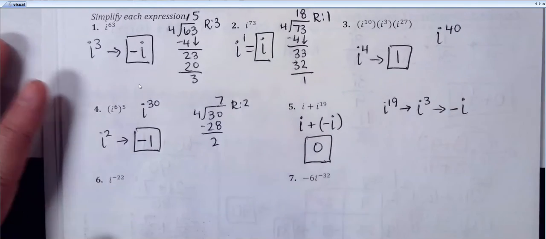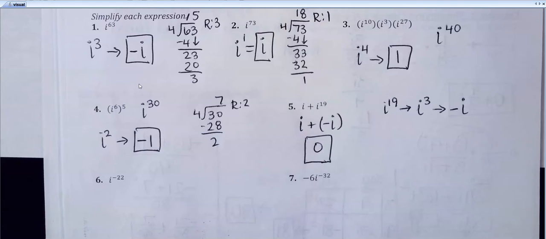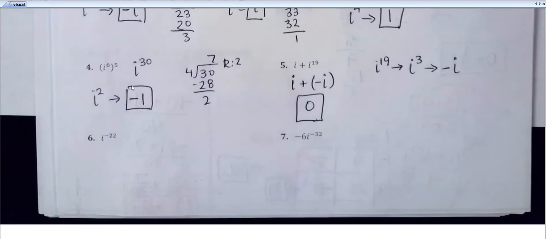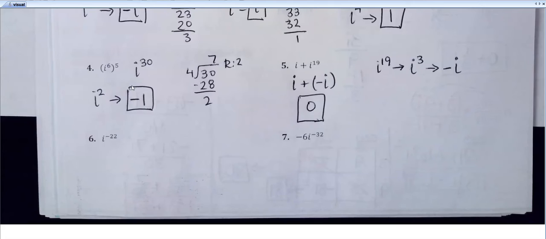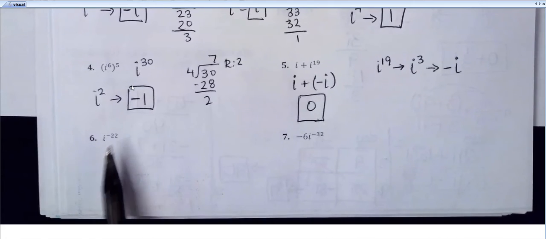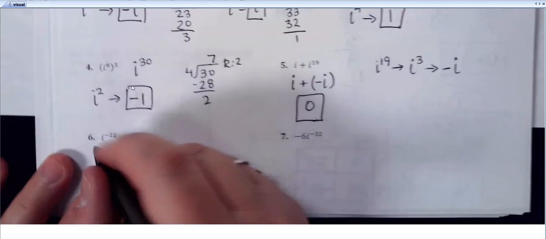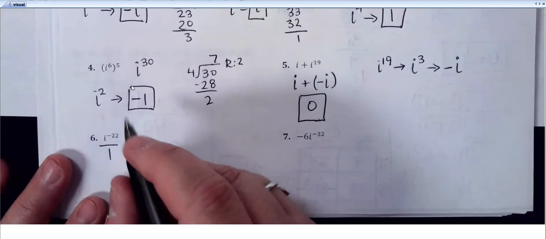And then the last two, this is really just me trying to review exponent properties with you a little bit, which we will use many, many times as we go through the course of the year. Anybody know how to simplify a negative exponent? If I have i to the negative 22, how could I rewrite that? Put it over. Okay, now, I always tell people, move it and lose it.